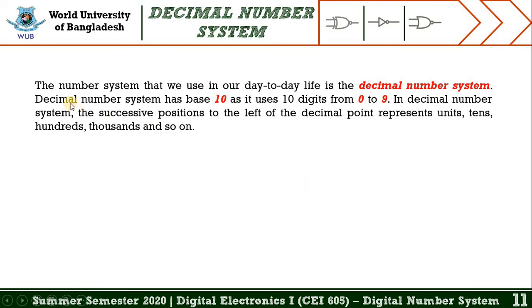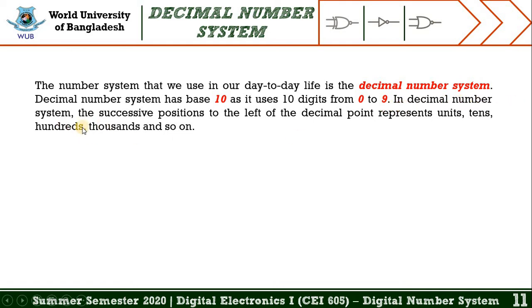Now we may learn from this slide the decimal number system. The number system that we use in our day-to-day life is the decimal number system. Decimal number system has base 10, as it uses 10 digits from 0 to 9, including 0 and 9.